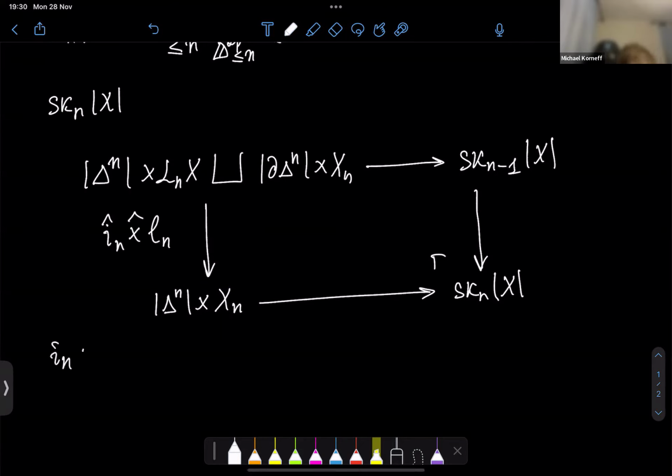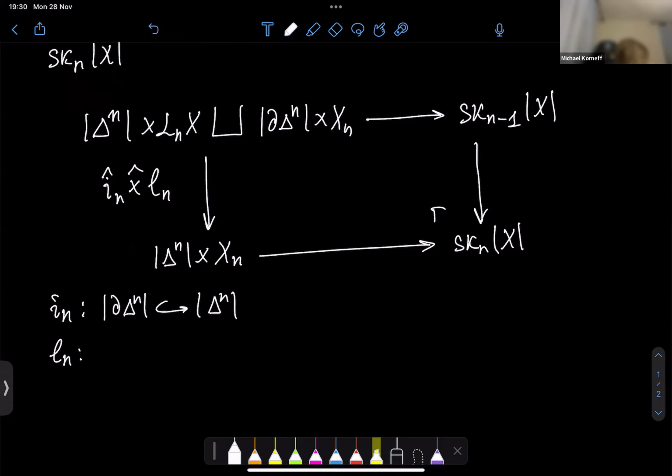Where Im is an obvious inclusion, and the second map is a so-called latching map. And this guy is called the latching object.